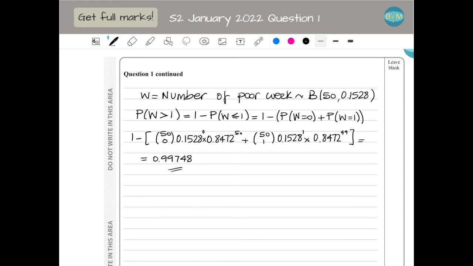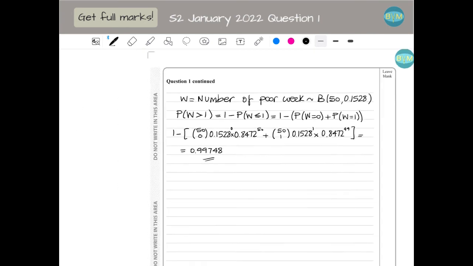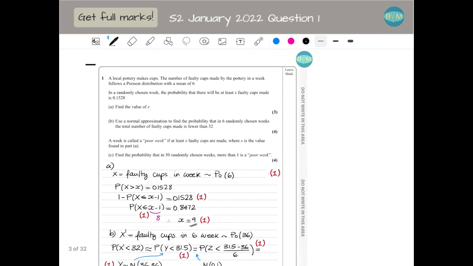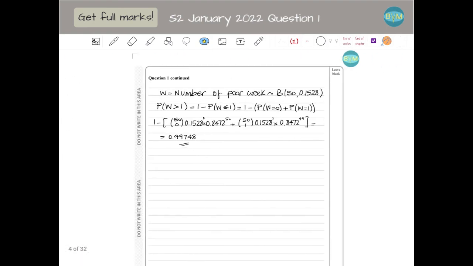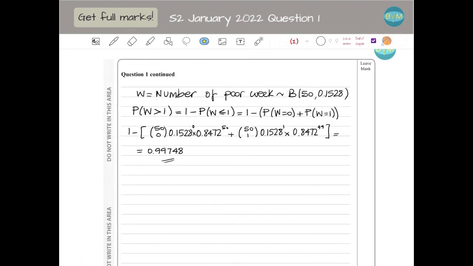And this is 4 marks. So the first mark is for finding that it's a binomial.